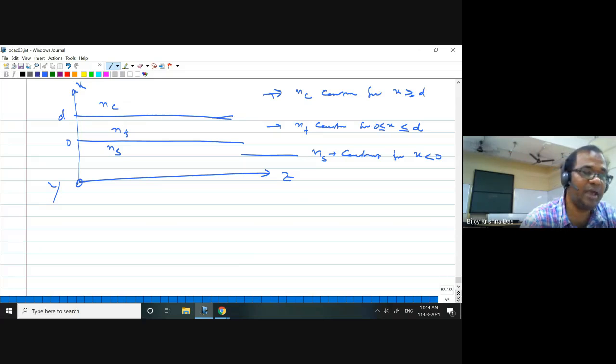This thing we accept first. That is called a 1D step type waveguide, a 1D waveguide with step refractive index in the core.